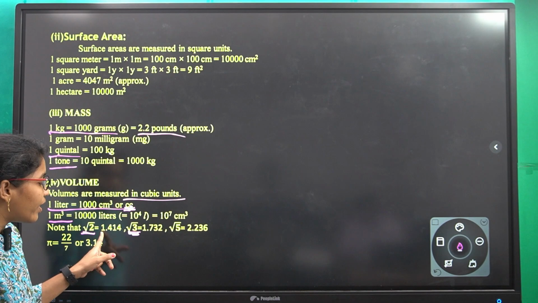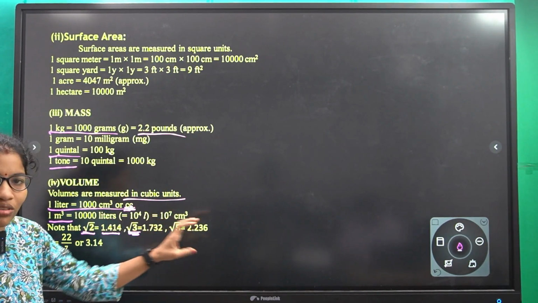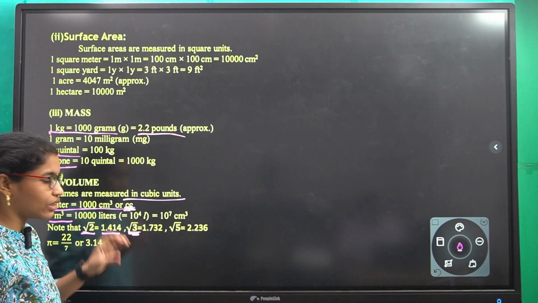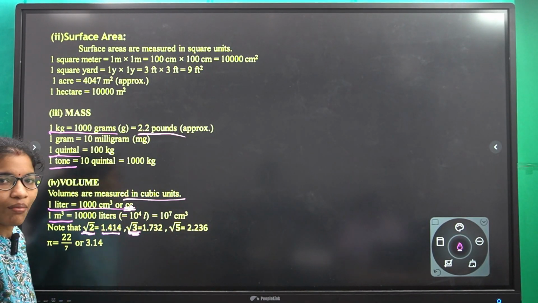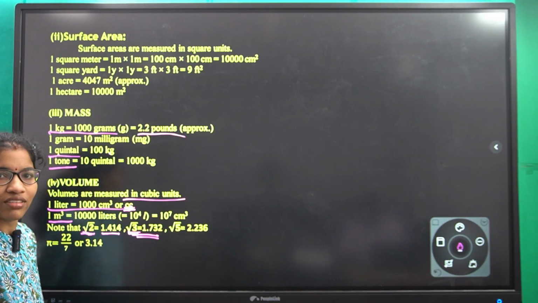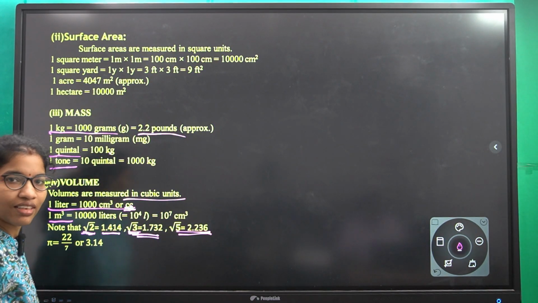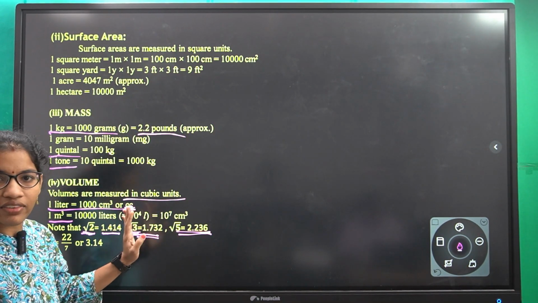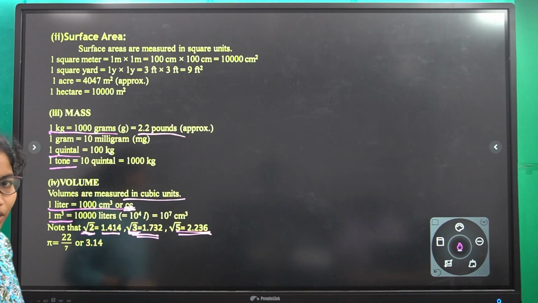That's why we are taking approximate values to find calculations or unknown values. The root 2 value is how much? 1.414, and root 3 value is how much? 1.732, and root 5 is 2.236. Clear? So these are not the exact values. These are approximate values of these irrational numbers.